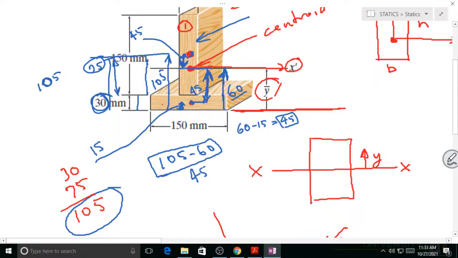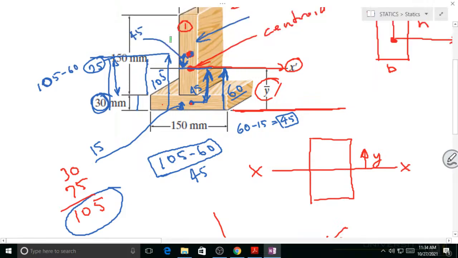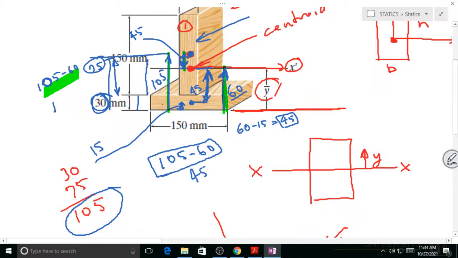And then I need to move back down a certain amount. In other words, I'll change colors. This distance plus this distance has to be 105. So what is 105 minus 60? I think that's 45.